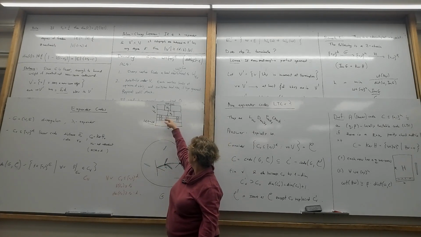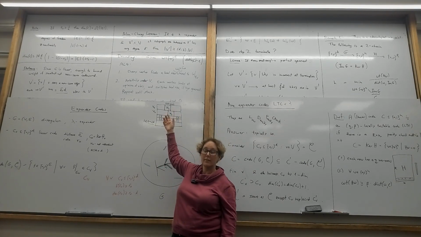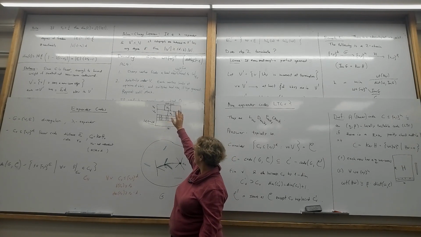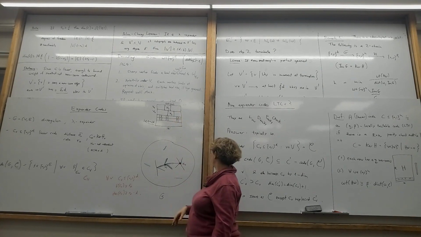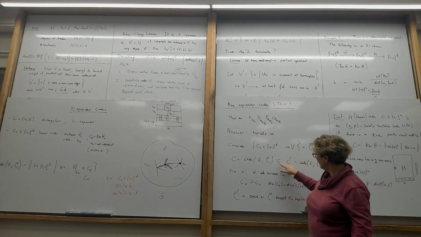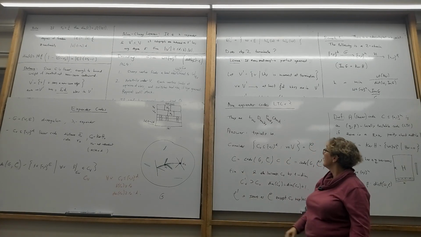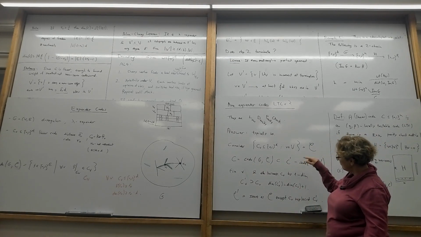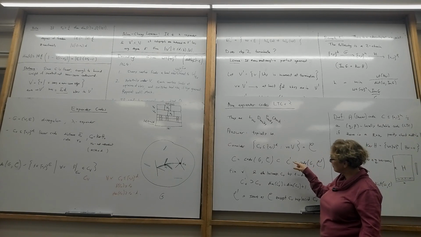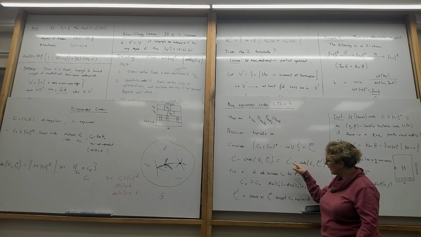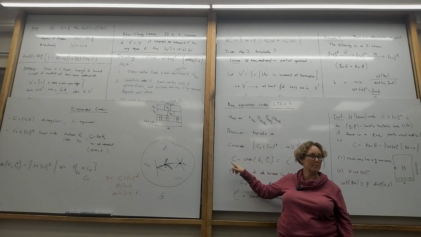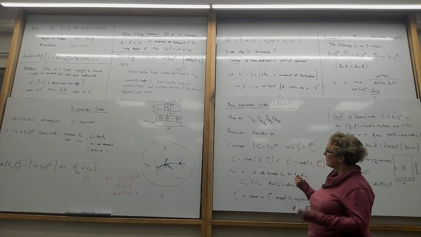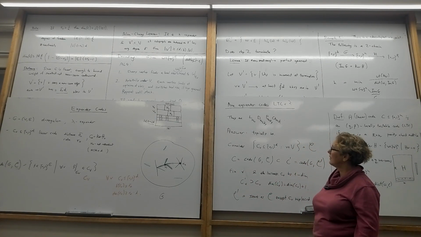Exactly, if this row is already linearly dependent on the other rows. But if all the rows are linearly independent, then C prime is strictly larger than C. In that case, I can take some word that's in C prime and not in C. So take this W in C prime that's not in C.